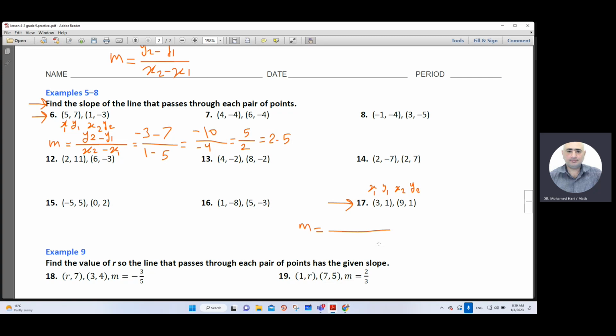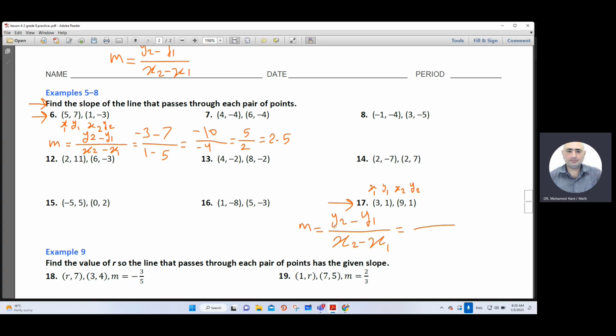So the first step represents the values inside the points. Here x1, here y1, here x2, here y2. Then write the rule of the slope: m equals y2 minus y1 over x2 minus x1. Then substitute the values.